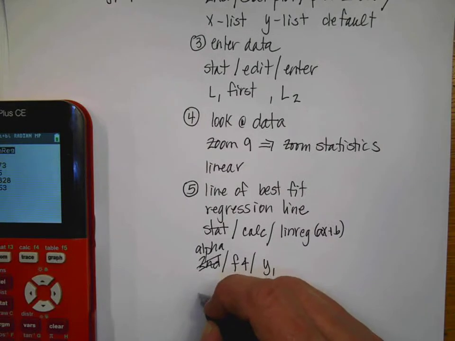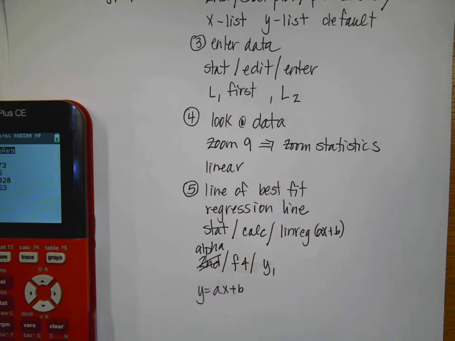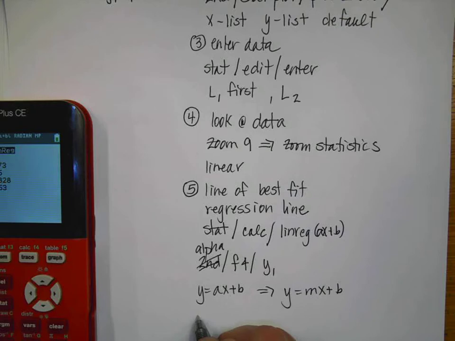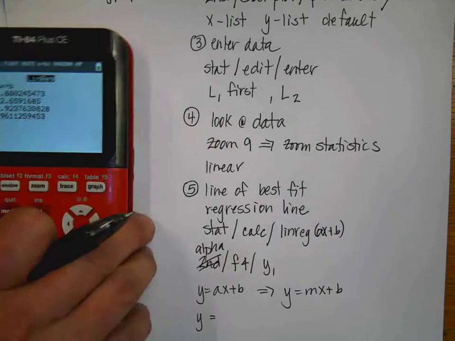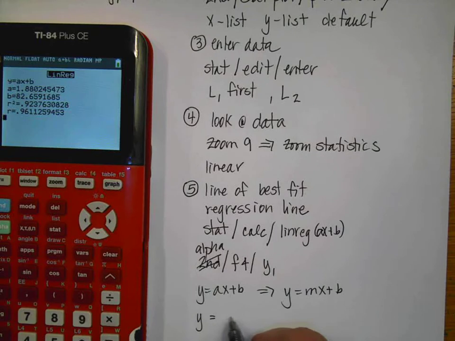At this point, you need to write down the equation. Okay, so it is imperative that you write down the equation. Y is equal to AX plus B is the same thing as Y equals MX plus B. You have to write the equation in this format. So my regression equation is Y is equal to, I'll put mine here so you can see my equation.